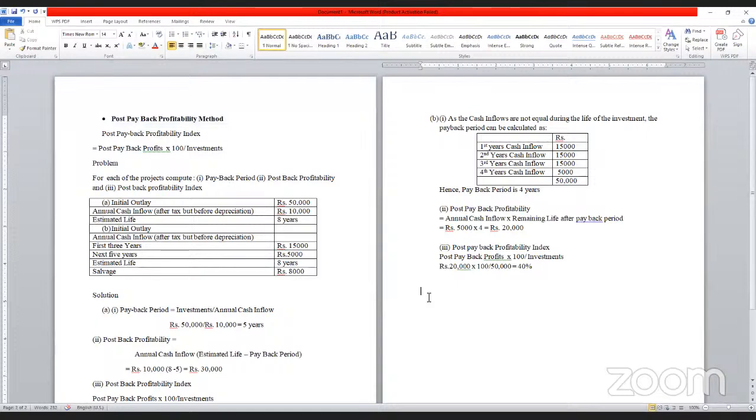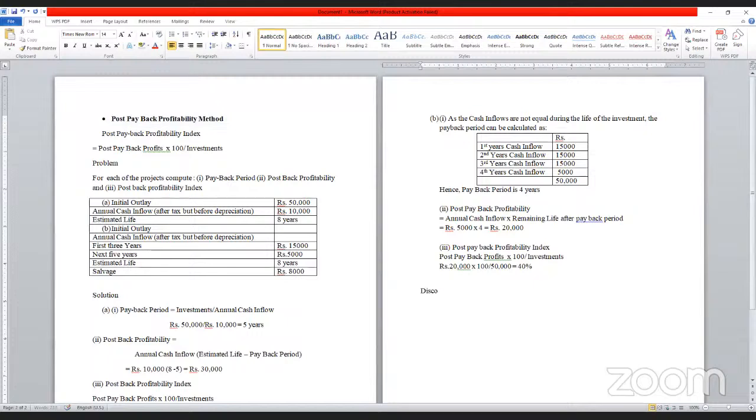After this method, some more improvements are there: the payback reciprocal method, then the post payback period method, then the discounting payback period method. Like that, we have some more methods. We'll do one more method, the discounted payback period method.